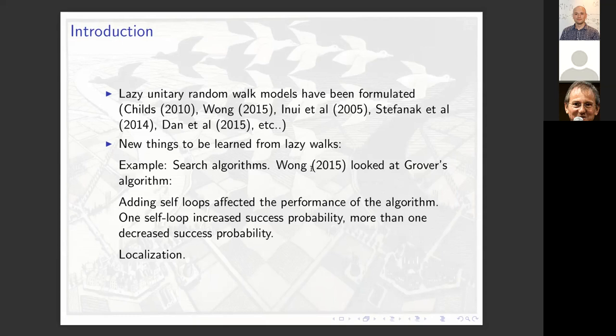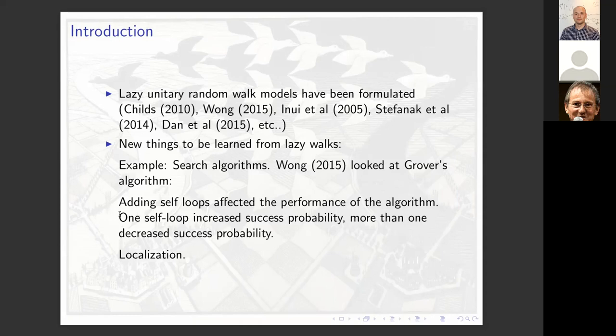And the interesting thing that was claimed to have been discovered was that adding additional self loops to the model, which in that paper just means increasing the probability of the walker staying on the same site, can actually affect the performance of the search algorithm, right?